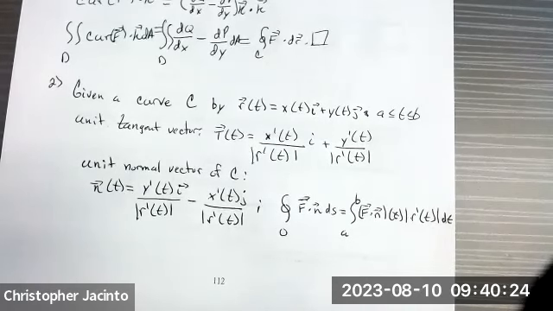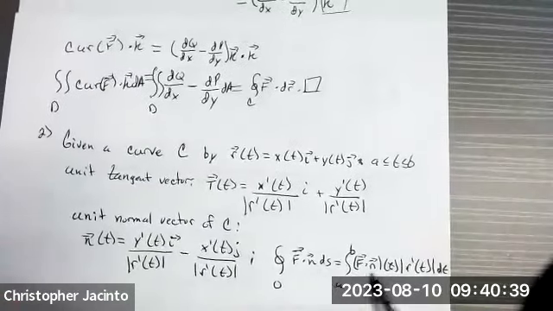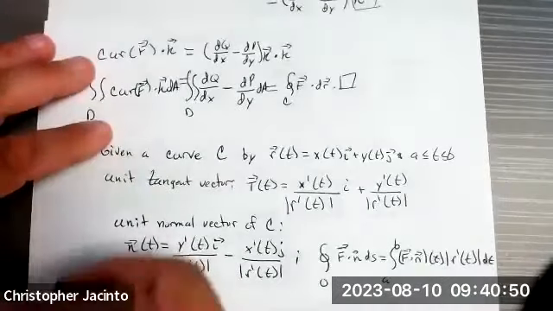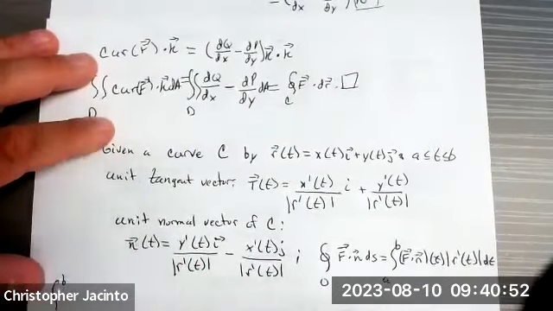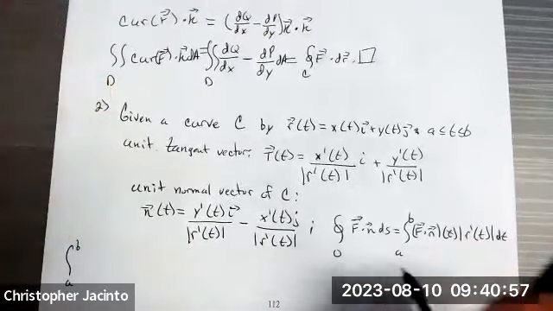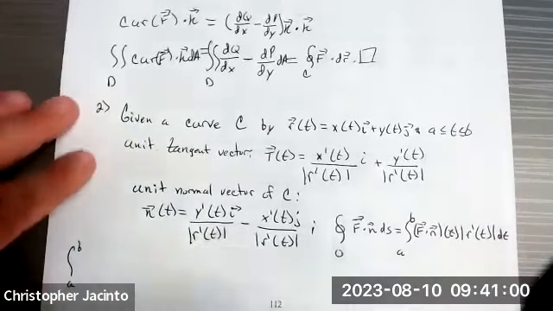Okay, so now all we're going to do is plug in what we know. So this is the dot product of F, is what we have up here, times the normal vector, which is right here. Okay. And on the outside, it's going to be this. So we're going to have now the integral from A to B of the dot product, so it would just be P times this.